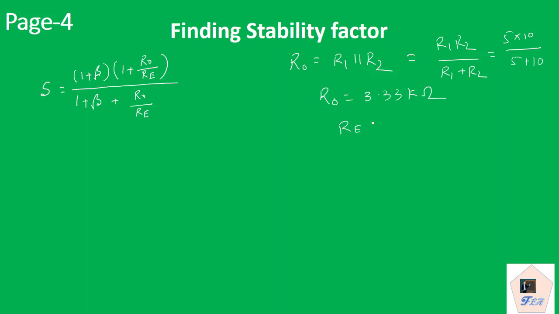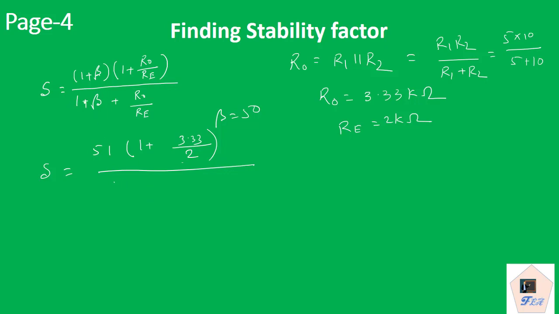Now substitute these values. RE, we have seen, is given as 2 kilo ohms, and beta is given as 50. So S will be equal to 50 plus 1, that is 51, into 1 plus 3.33 divided by RE, which is 2. Both are in kilo ohms, so there is no need to write 10 to the power 3 in both cases.